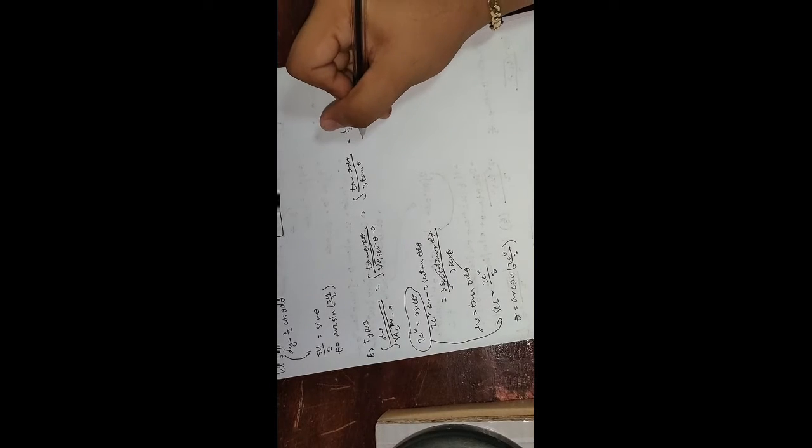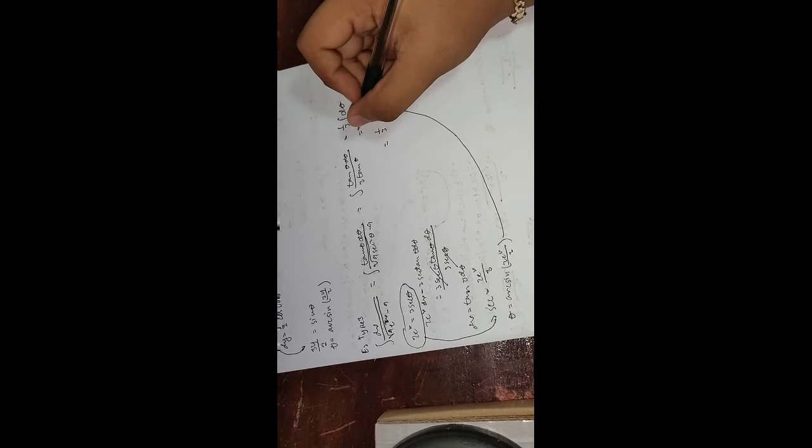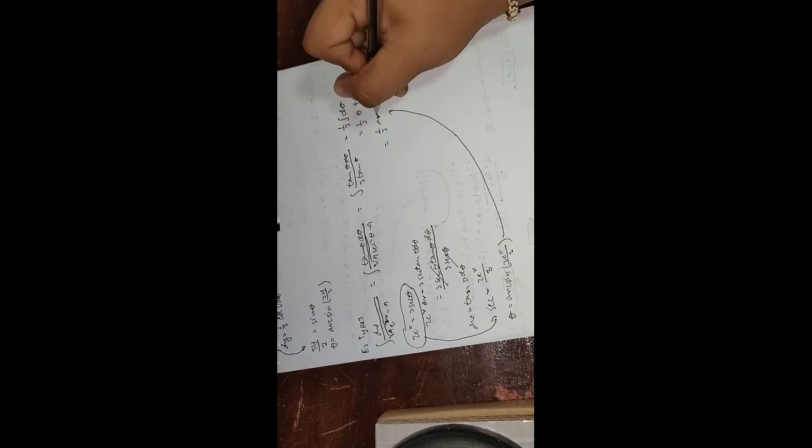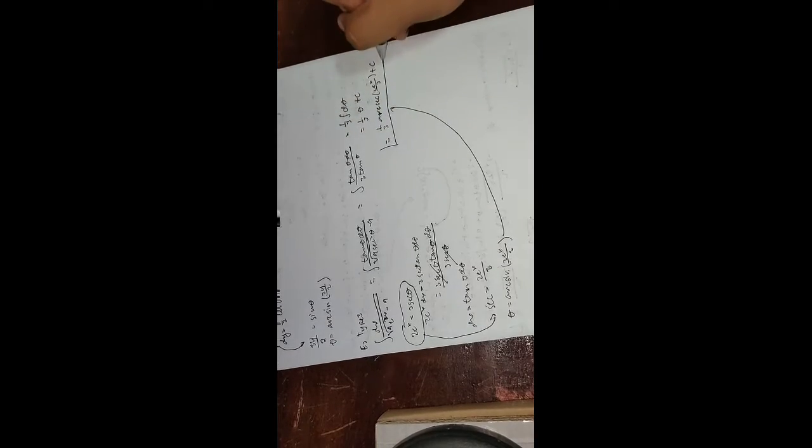Just pull this out, and d theta will remain inside, equals 1/3 theta plus c. And our theta is arc secant of 2e^x over 3, so 1/3 arc secant of 2e^x over 3 plus c. And that is our final answer. Thank you.